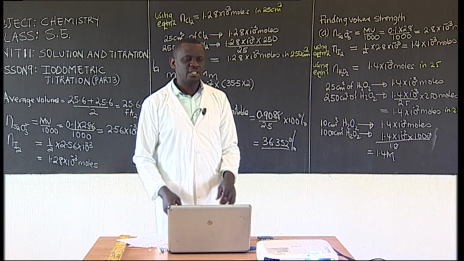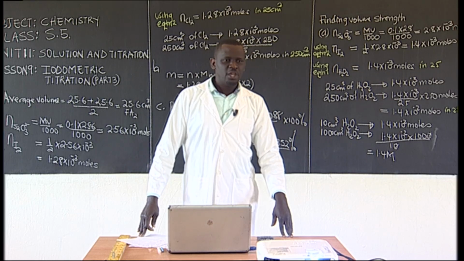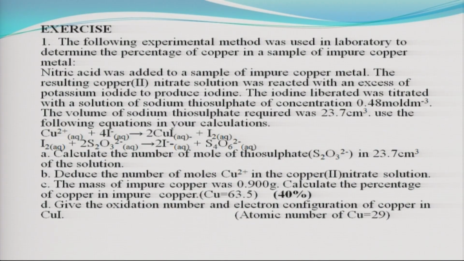But part D is telling us to give the oxidation number and the electron configuration of copper in copper 1 iodide. So the oxidation number of copper, because it is the last part of our lesson, we can just make a small illustration here.